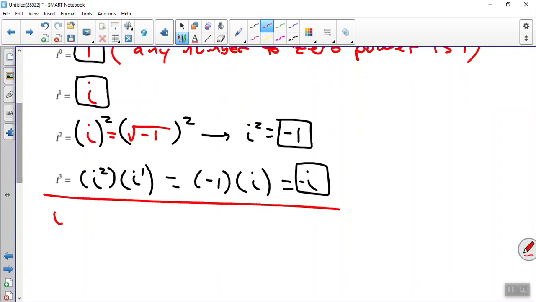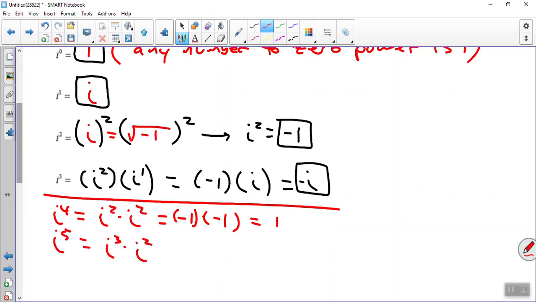Let's keep going a little bit. What's i to the fourth? i to the fourth, well, that's i squared times i squared, which is negative 1 times negative 1, which is 1. i to the fifth, well, that's i cubed times i squared. i cubed is negative i. i squared is negative 1, so that equals i.